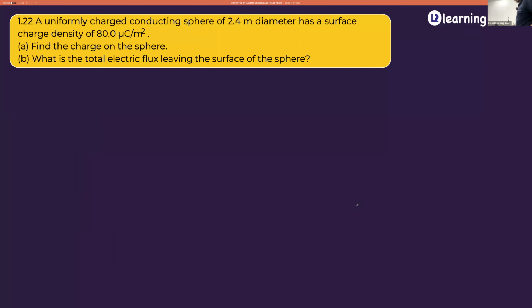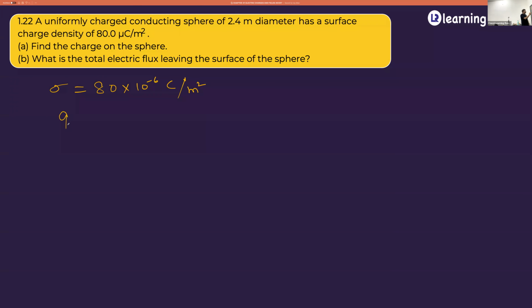So let's look at this. A uniformly charged conducting sphere of 2.4 meter diameter has a surface charge density, sigma, equal to 80 into 10 power minus 6 coulomb per meter square. Find the charge on the sphere.